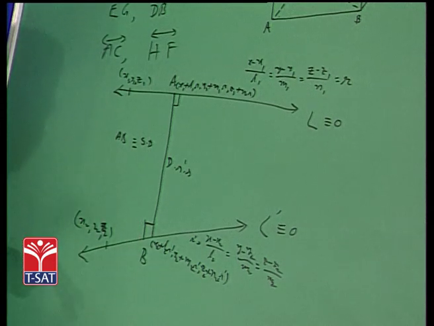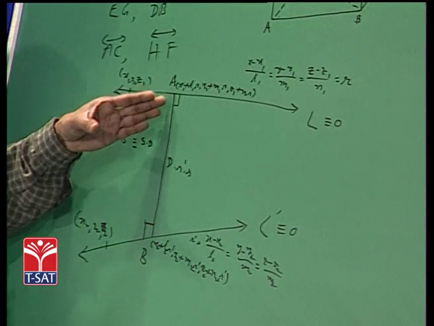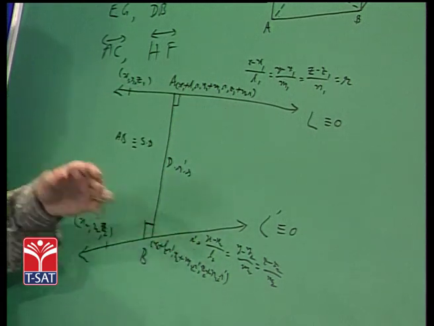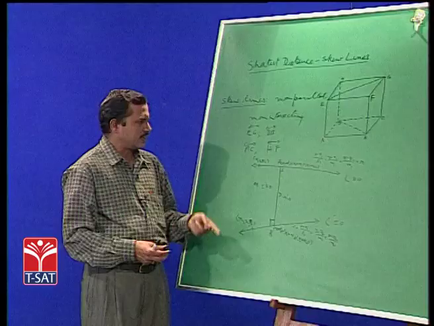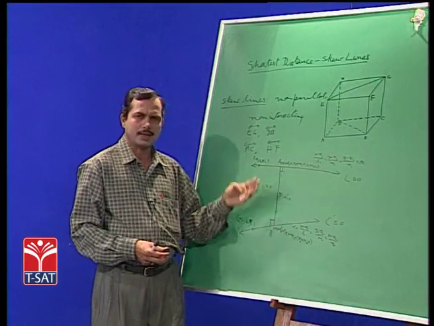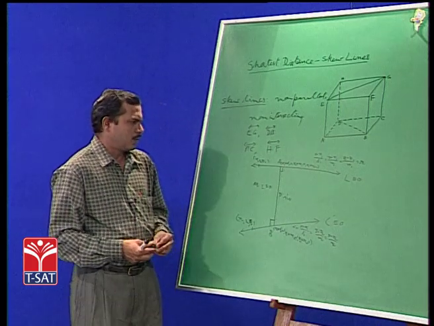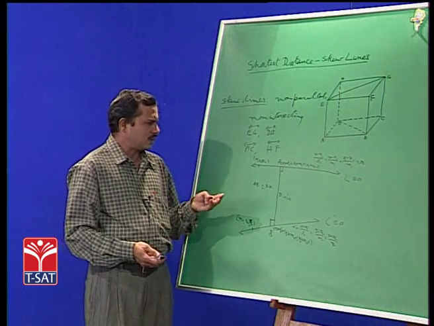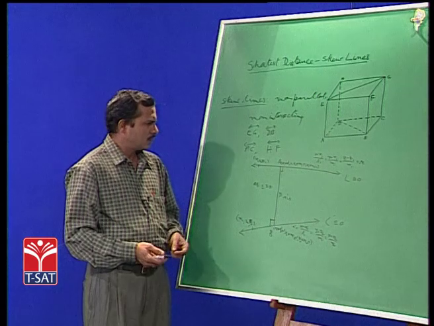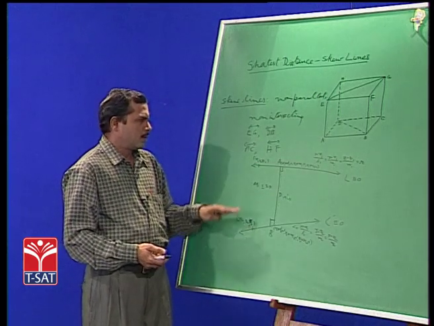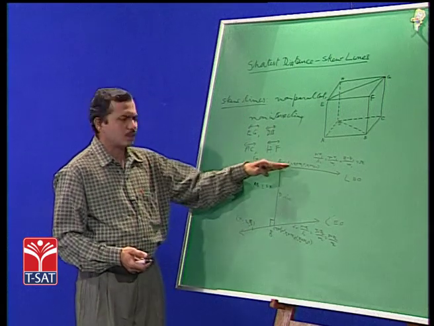So, when we apply the condition that this line segment AB is perpendicular to each of these two given lines, we obtain two equations in the unknowns r and r dash. From these two equations, we can solve for the values of r and r dash. This is possible because these two lines are skew lines and therefore non-parallel.